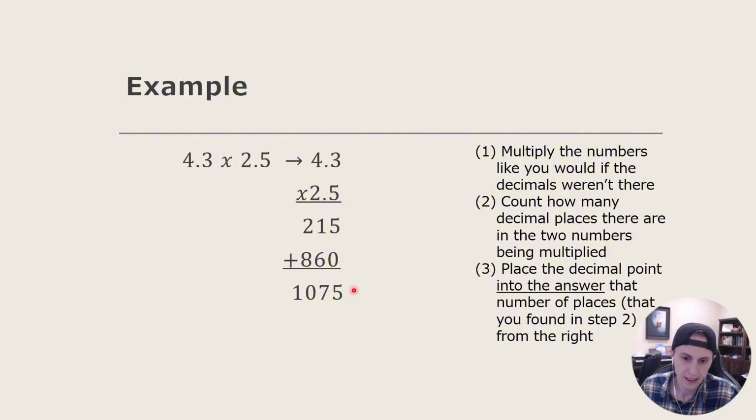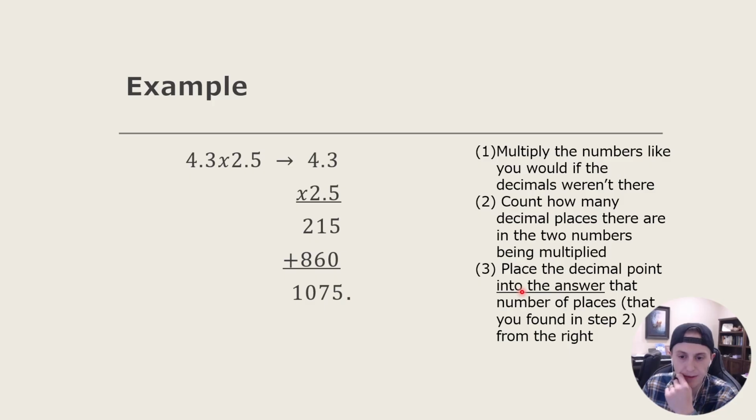So we come back down here. We have two numbers to the right of the decimal points. Then step 3, place the decimal point into the answer, that number of places that you found in step 2, from the right. So again, in step 2, we saw that there were 2.